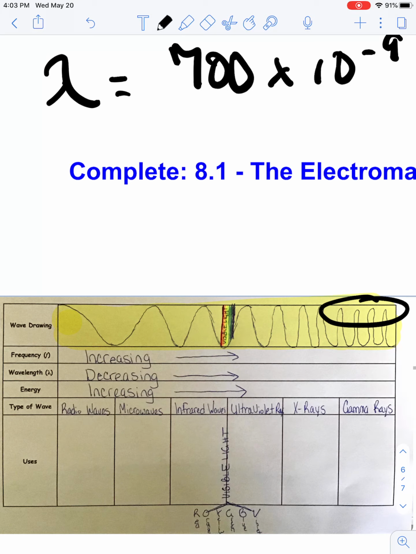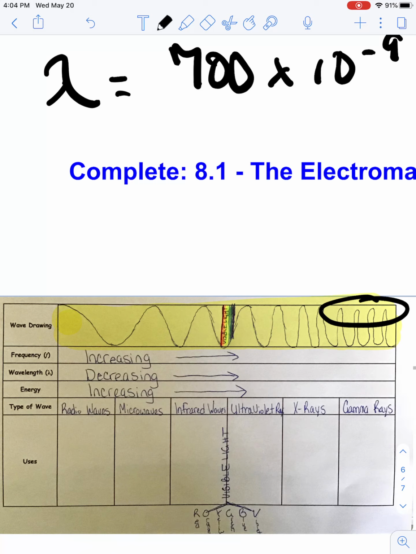So anyway, what you want to see is the frequency increasing as you go from radio waves to gamma rays. Okay, and then it asked for you to look for patterns. What is going on here as you go from radio waves to gamma rays? If you look at the frequency, how many waves you fit in a given amount of space, you can see the frequency is increasing as you move from left to right.